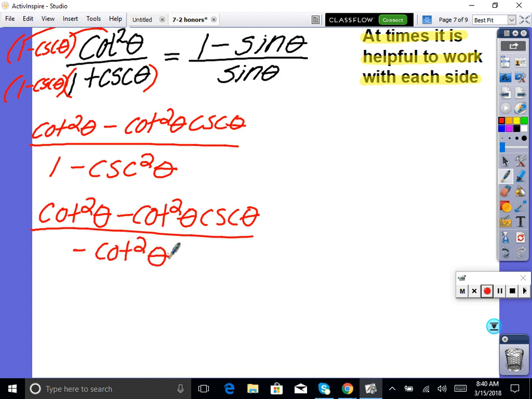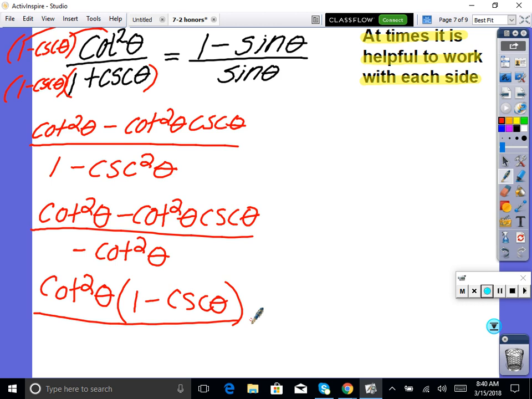Well, now we could factor out back on top a cotangent squared. So factor out cotangent squared on top, and then left would be 1 minus cosecant theta. And then on bottom we have a negative cotangent squared theta.